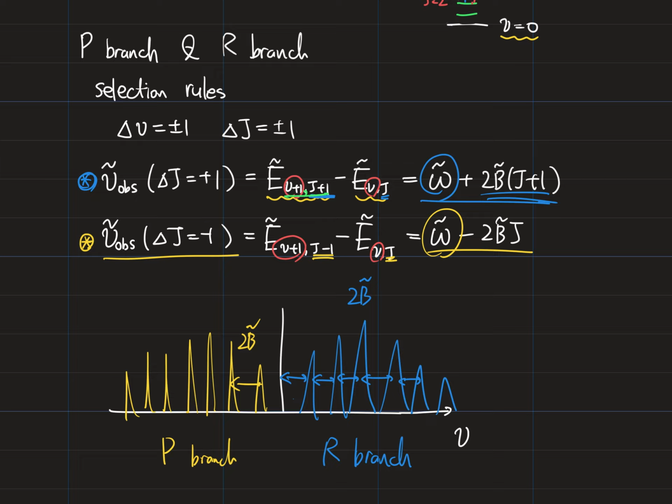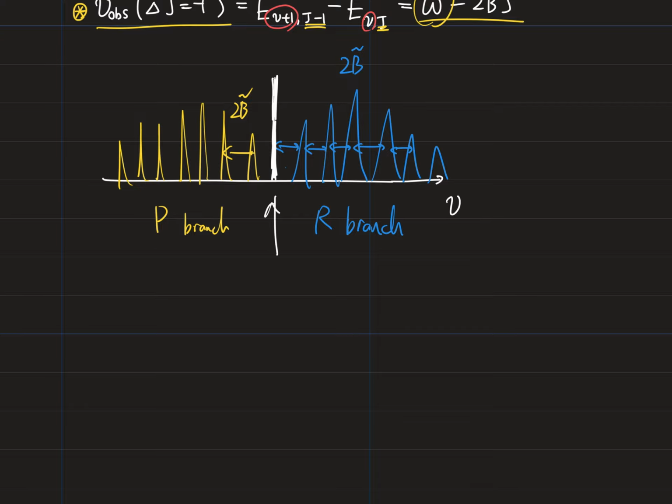Actually, I put the pure IR transition here, but this peak shouldn't appear. Can you discuss why? Even though this peak describes the transition from v to v plus 1, it involves the transition from J to J, right?